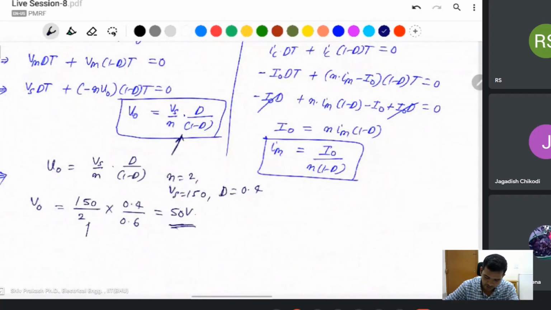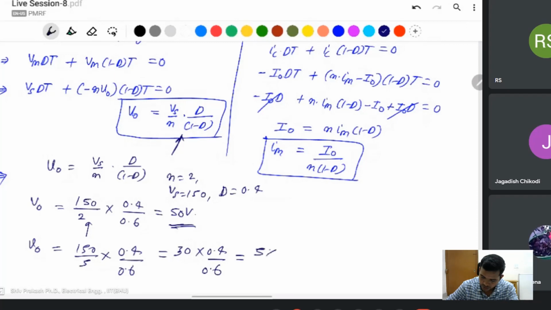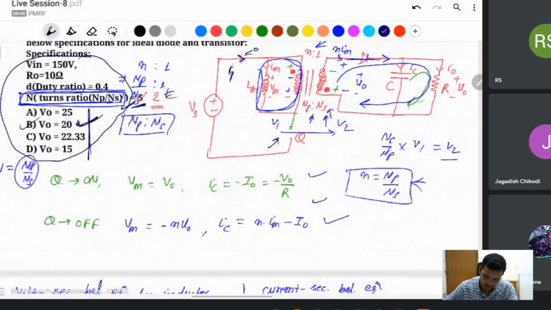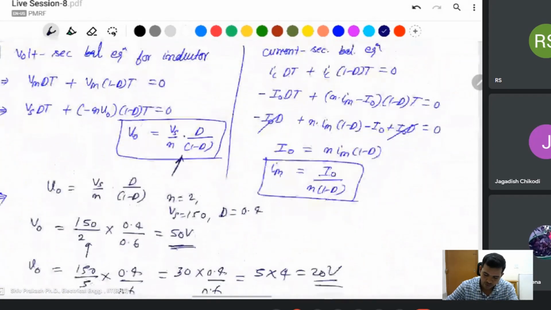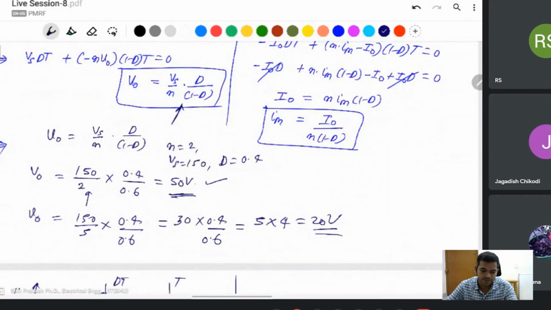Here N is 5, so V output is equal to 150 divided by 5, into 0.4 by 0.6, 30 into 0.4, 5 into 4, 20 volt. Option B is correct. If you take 2, then this one is 50 volt.